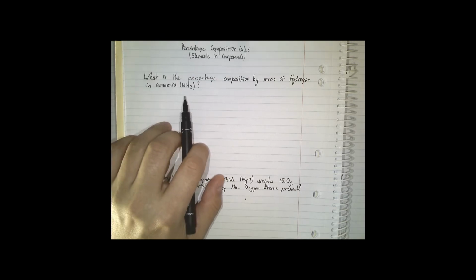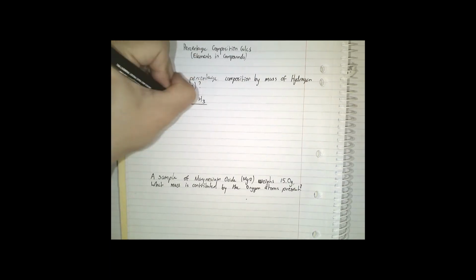Now, as per what we were looking at in the last slide, what we already know is the molar mass of hydrogen and ammonia. And in particular, what we want to be substituting into our equation is for percentage composition, that it is equal to the molar mass of all of the hydrogen present in the formula for ammonia, so the molar mass of H3, all divided by the molar mass of ammonia itself.